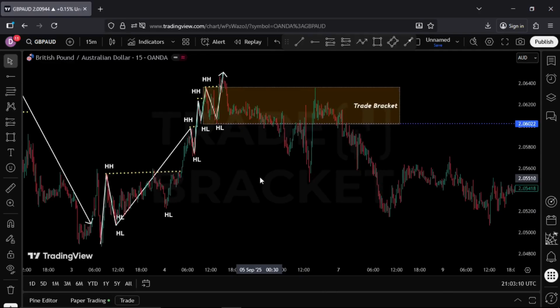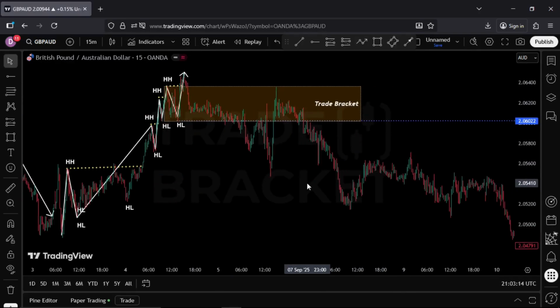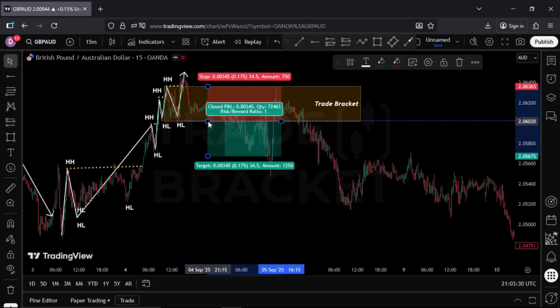The next thing after drawing my trade bracket is to measure this trade, because according to the strategy, we only take trades that are at least a 1 to 2. Since this is a sell trade, I want to get my short position tool and place it where the last higher low was broken. Then I place my stop loss at the highest point.